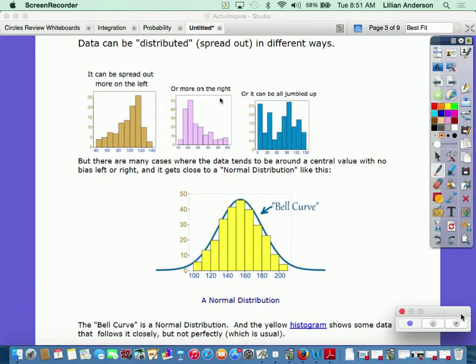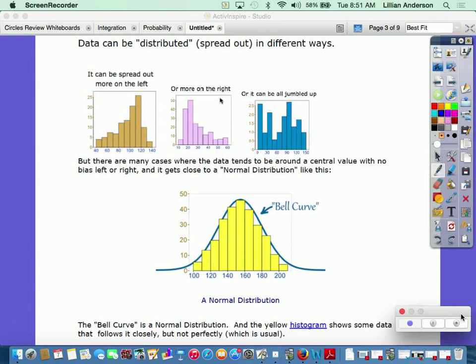However, in many cases where data tends to be around a central value, with no bias left or right, it is close to a normal distribution that looks like this, the bell curve. I did show this to you guys yesterday, and we're going to talk a little more in depth about it. This represents a normal distribution.